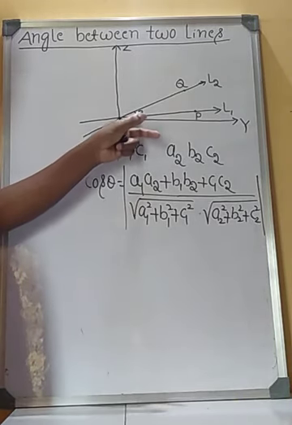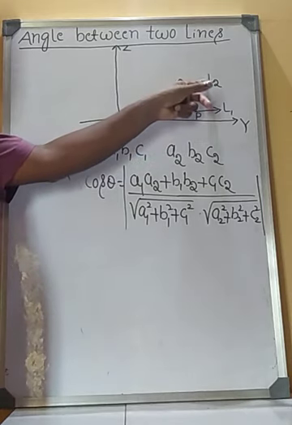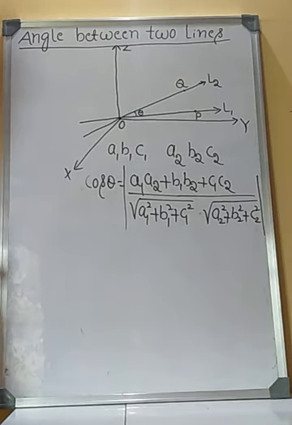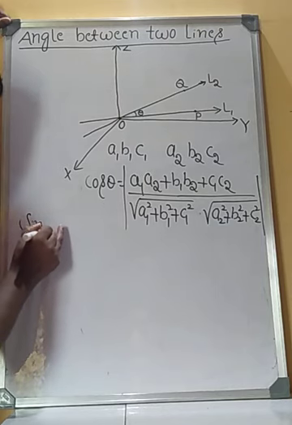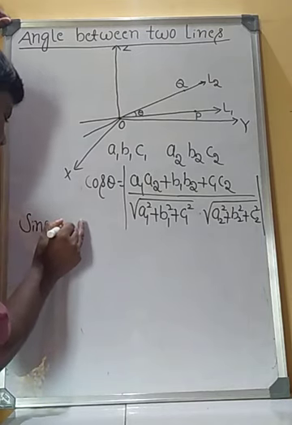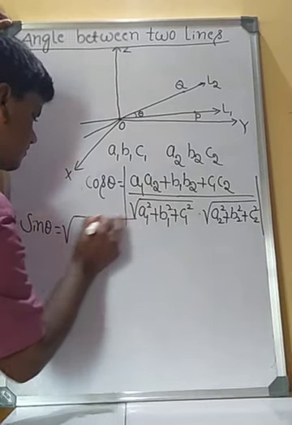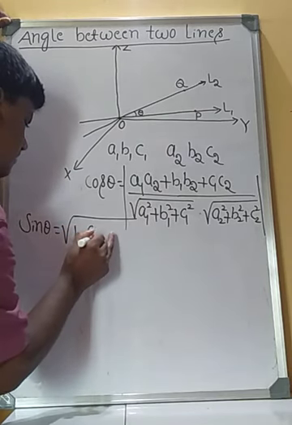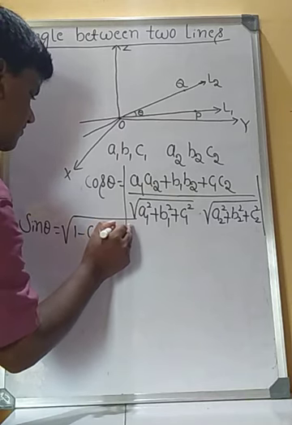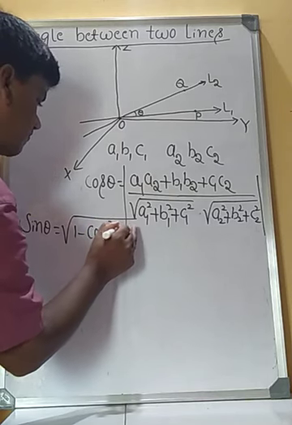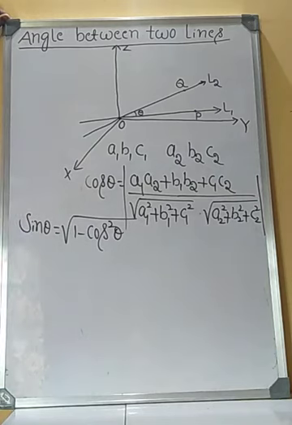The angle between the lines L1 and L2 in terms of sin theta is given by sin theta equals root of 1 minus cos square theta.